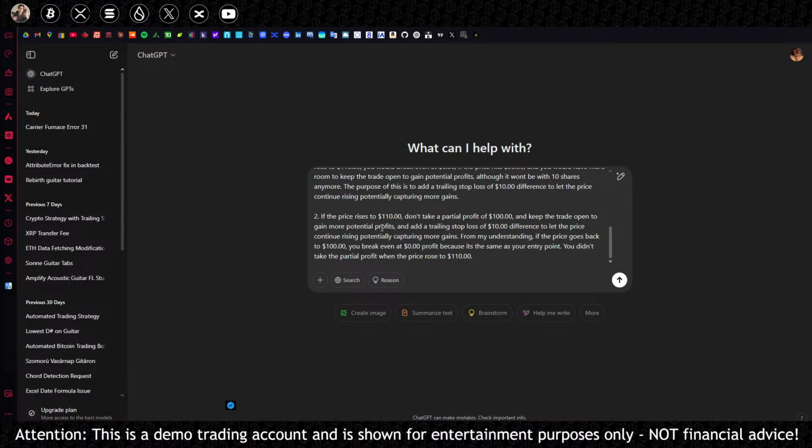From my understanding, if the price goes back to $100, you break even at 0 profit because it's the same as your entry point. You didn't take the partial profit when the price rose to $110.